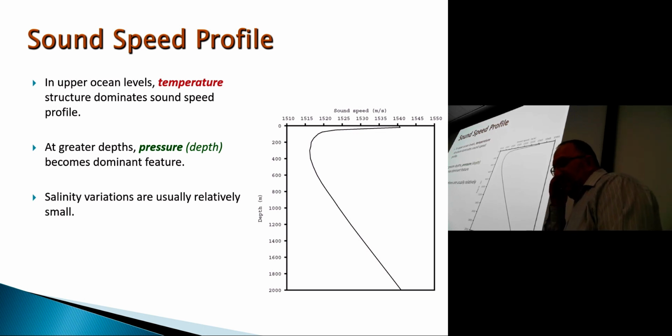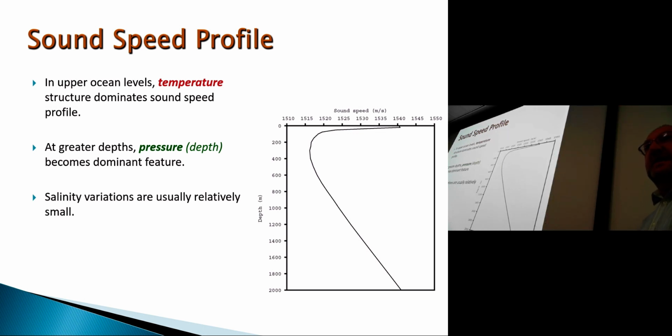Although it's given as a function of depth, the sound speed value is only a value at a certain depth. And that value, whether it's 1520 meters per second there or 1535, it's got that value because of the temperature, salinity and depth, and how that's affected the density, and that density then affects the sound speed.